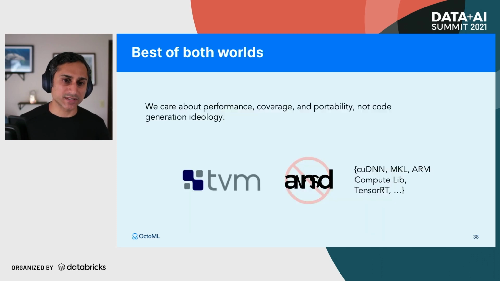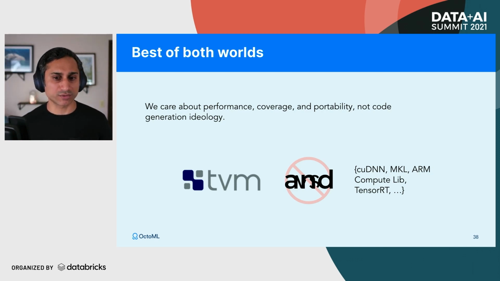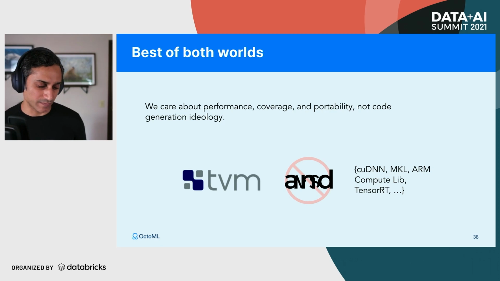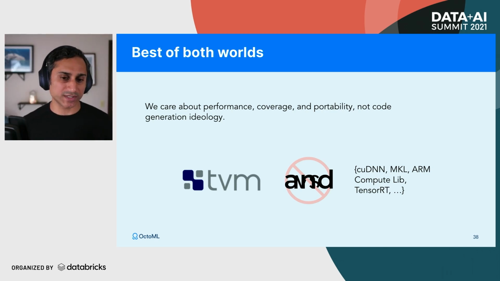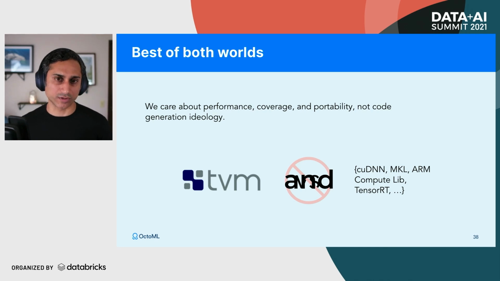Another point I want to make is that the current generation of TVM uses the best of both worlds. So we care about performance, coverage, and portability, not code generation ideology. So in TVM, if we find that a vendor library like CUDNN or TensorRT or MKL performs better than TVM's automatic search space based approach, then we will flip a switch and use the vendor library where it's appropriate for performance.